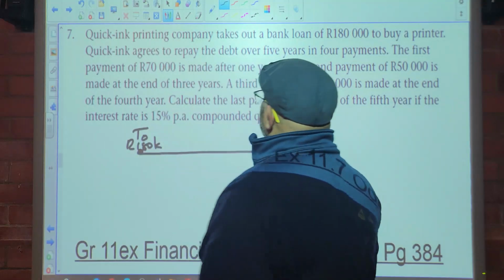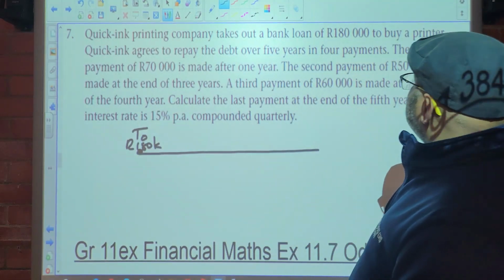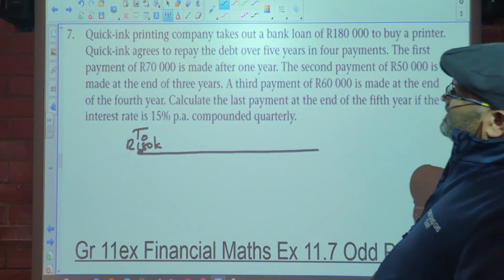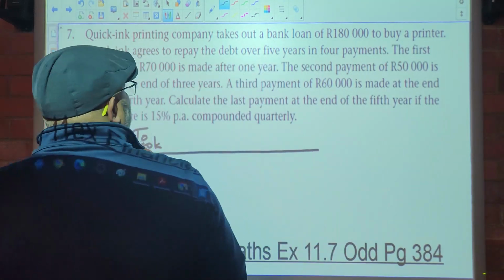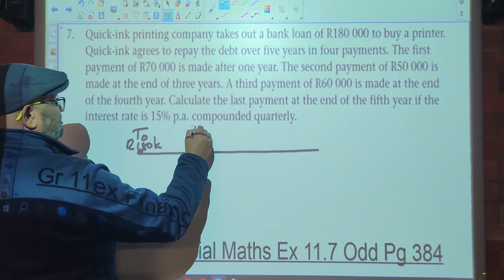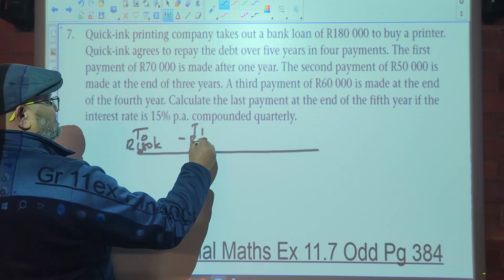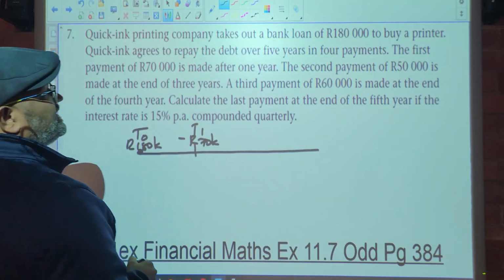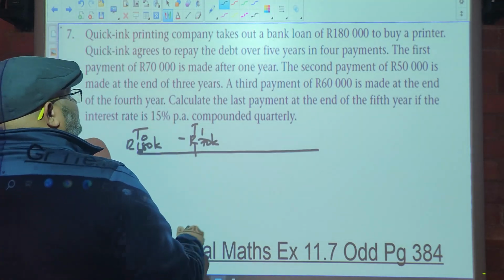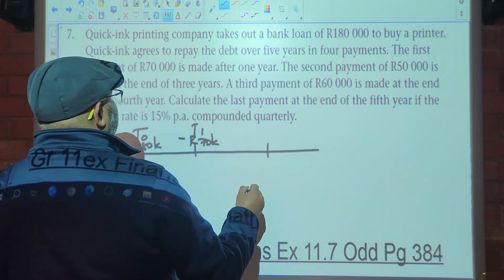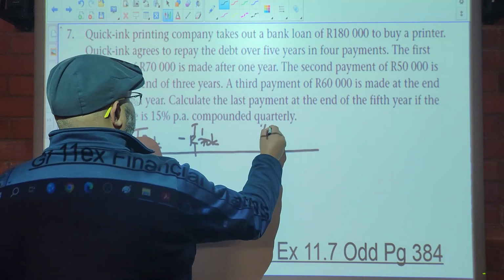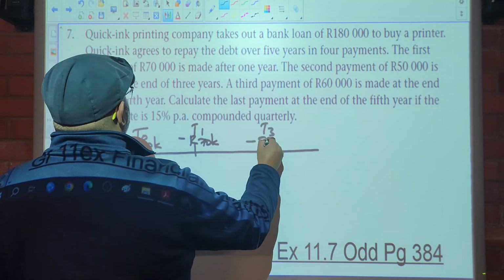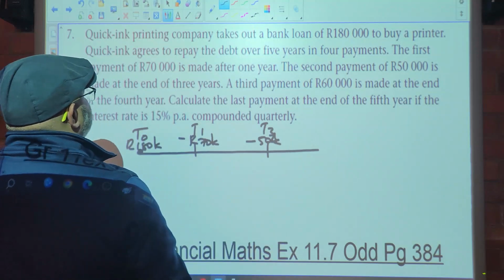Quick Ink agrees to repay the debt over 5 years in 4 payments. The first payment of 70,000 rand is made after 1 year. It's minus 70,000. The second payment of 50,000 rand is made at the end of the 3 years. So T3 is going to be 50,000 rand.